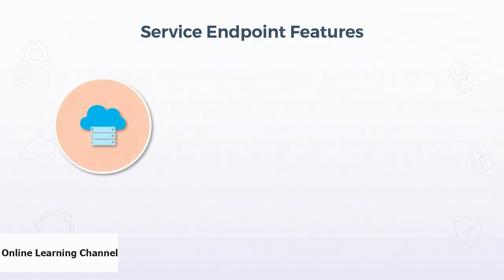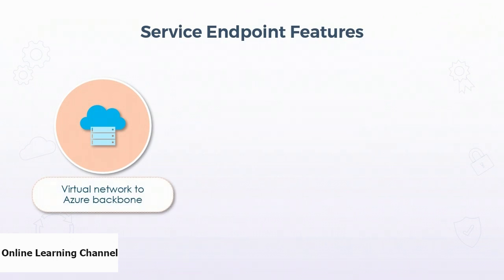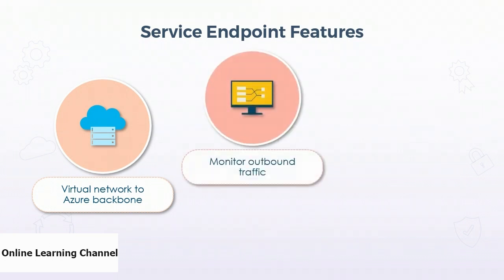Some service endpoint features. Endpoints always take traffic directly from our virtual network and forward it to the Azure backbone, so we're not sending any of our traffic out over the web. That's really important, especially when it comes to securing your data and compliance. We can also monitor outbound internet traffic from our VNets.